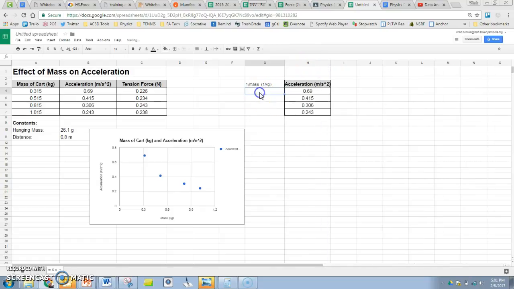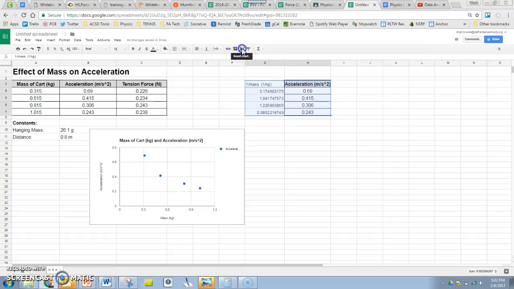I'm going to let the spreadsheet do it for me. So equals 1 divided by my mass. It does that calculation for me right there. I'm just going to fill that equation on down. So we're all set. I did 1 over my x values, or 1 over my masses. So that's going to be my new x, my new independent variable.